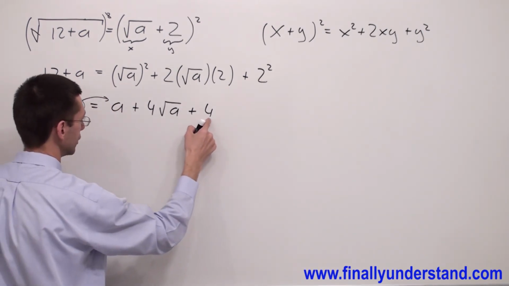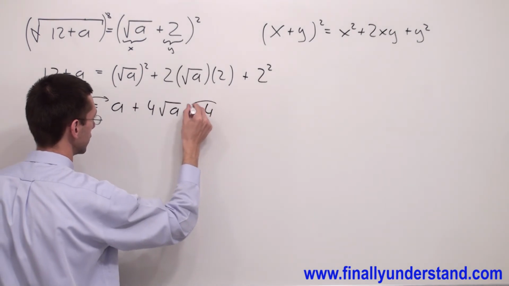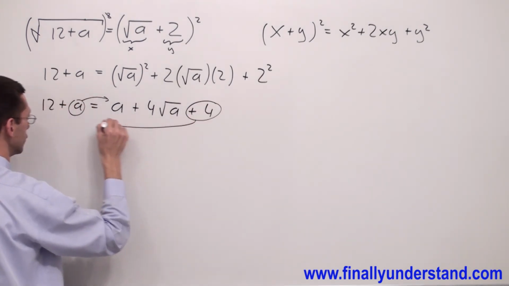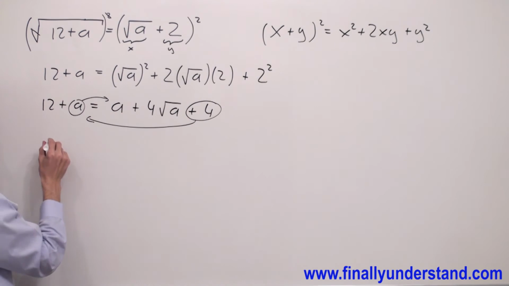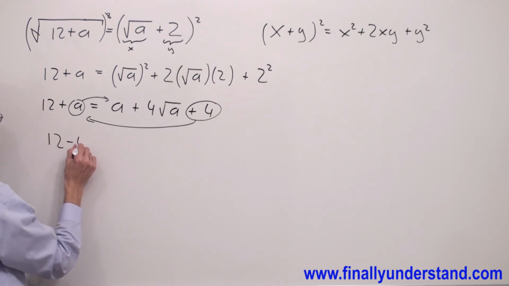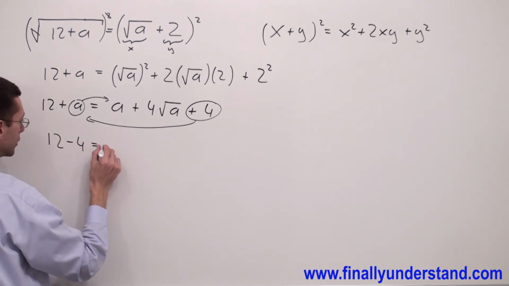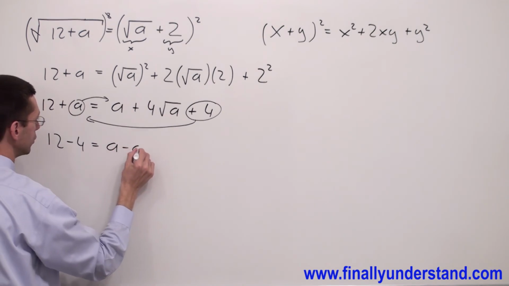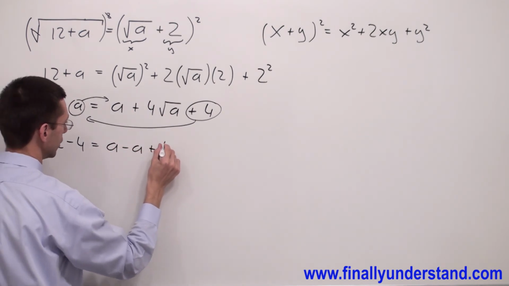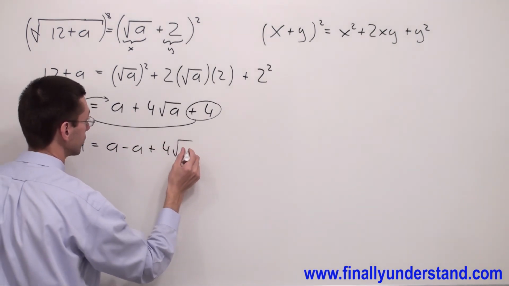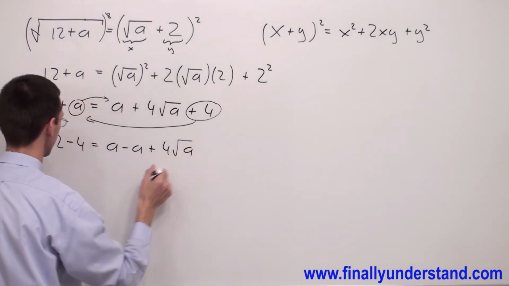Because this 4 has no a, I'm going to move it to the left side. I have 12 minus 4 equals a minus a plus 4 square root of a.